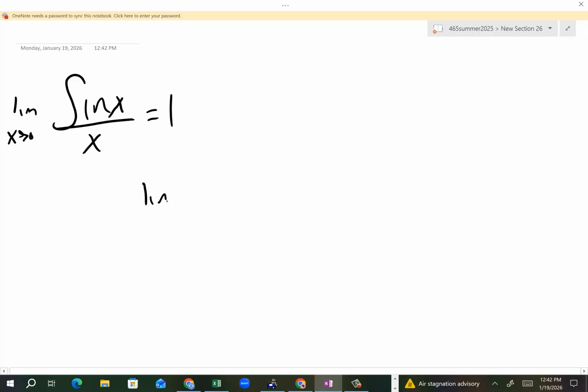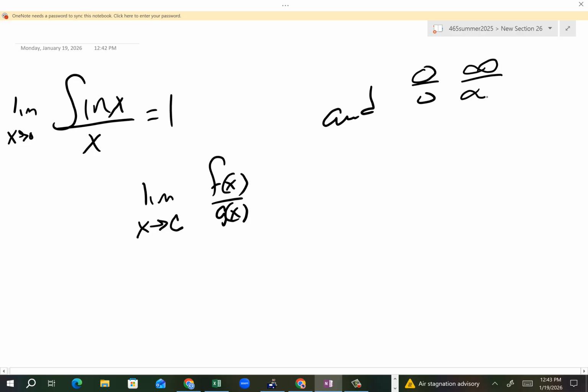If you have the limit as x approaches some c value of f of x over g of x, and you get either 0 over 0, infinity over infinity, or 0 times infinity, which isn't exactly in this fashion, but we'll talk more about that later on.